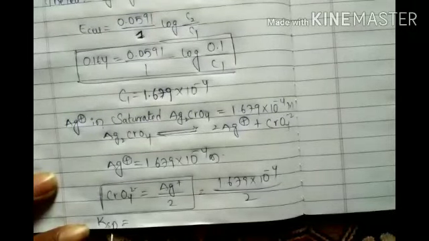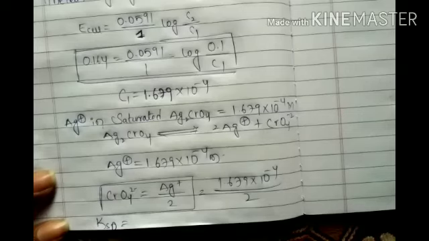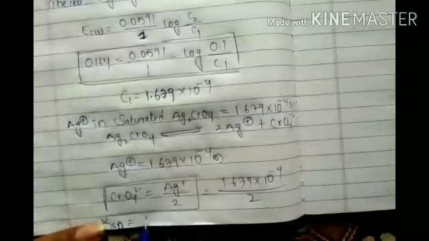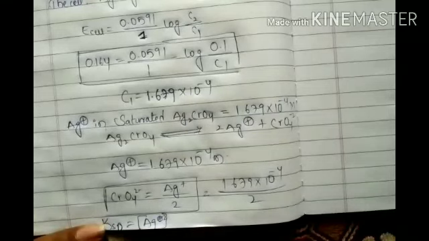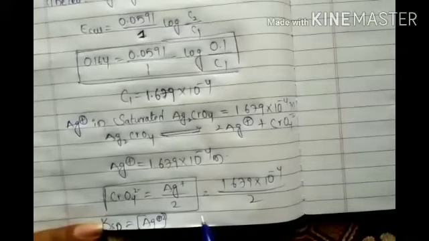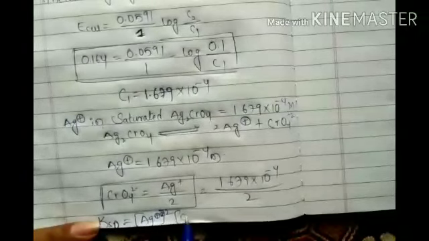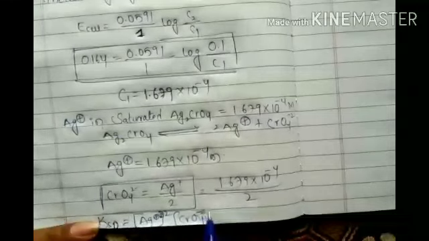Solubility product: the concentration of cations raised to the number of cations into the concentration of anions. So Ksp equals Ag plus whole squared, because of 2Ag, into CrO4 2 minus.